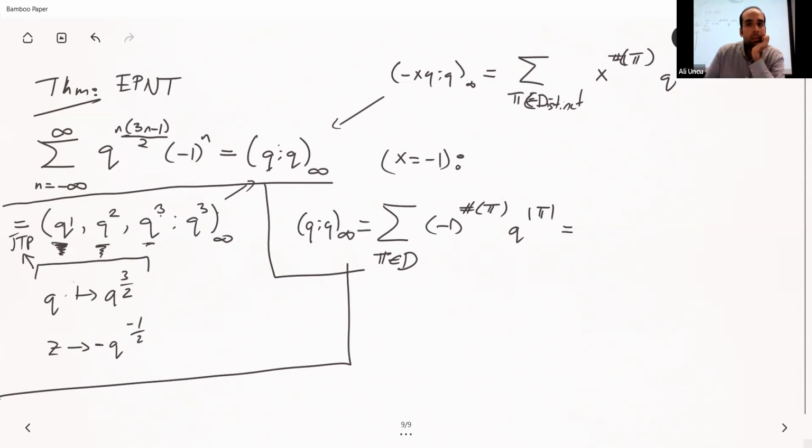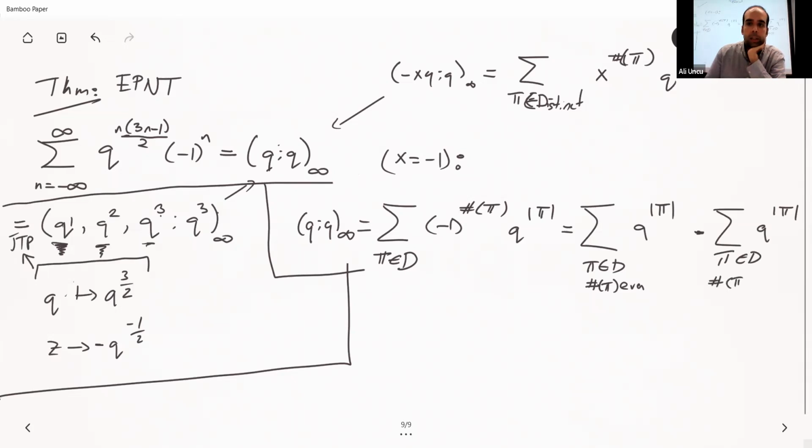So this is the same thing as if my partition is into distinct parts and the number of parts of the partition is even, I have just the weight being 1, so I count them with a positive weight, then a minus, I have partitions into distinct parts but the number of parts of the partition is odd. Is that okay?